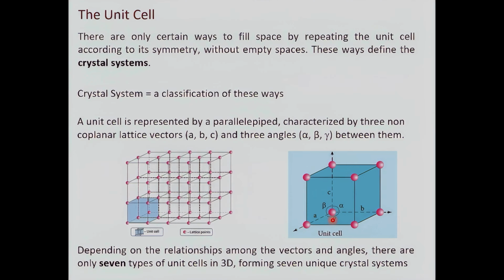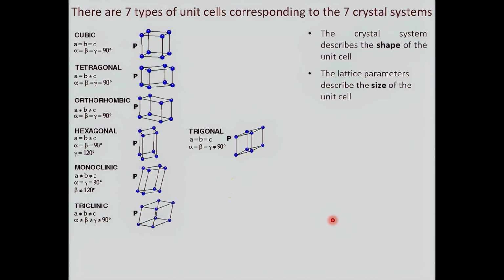Okay, what are these 7 crystal systems, these 7 ways with which we can translate the unit cell in space? All of us know them. We have triclinic, monoclinic, hexagonal, trigonal, orthorhombic, tetragonal, and cubic. They are defined by the relationship that exists between a, b, c and alpha, beta, gamma.